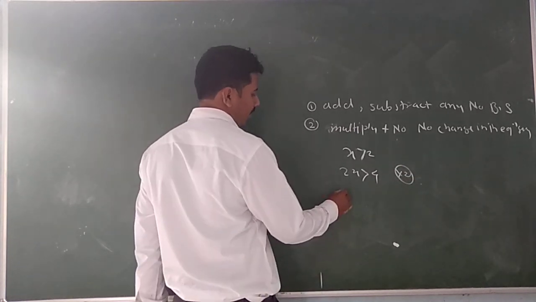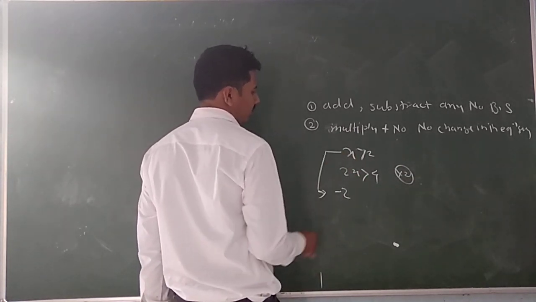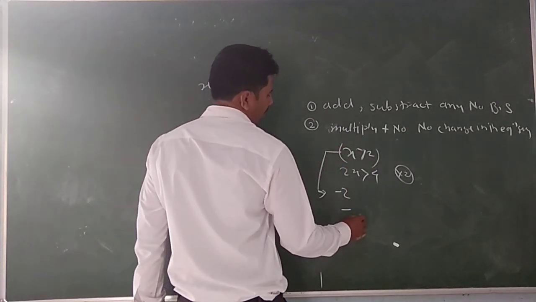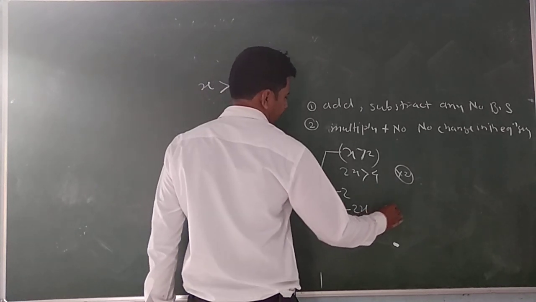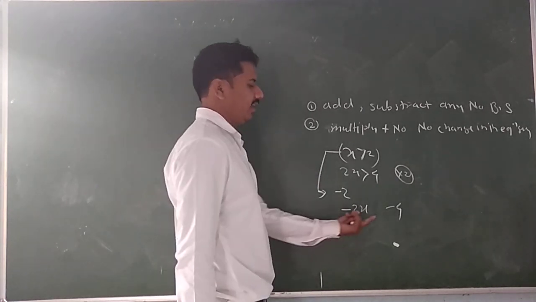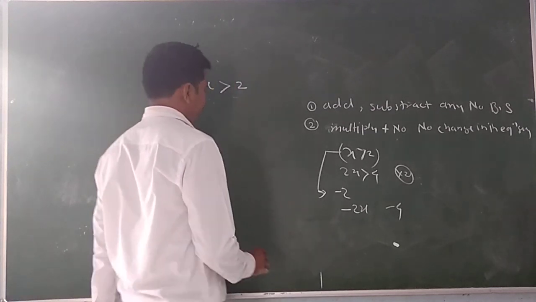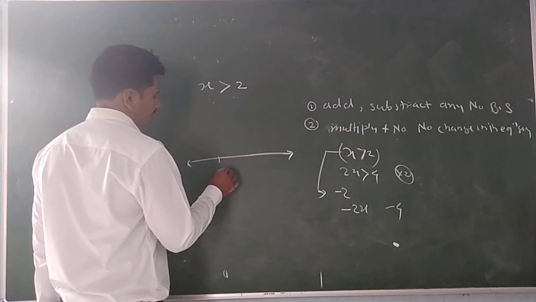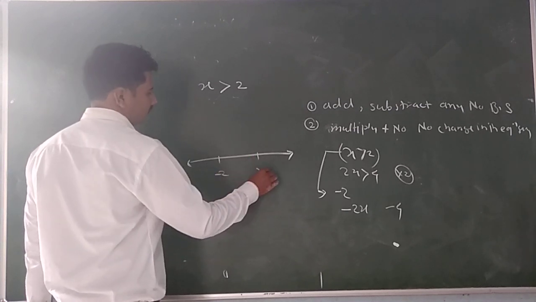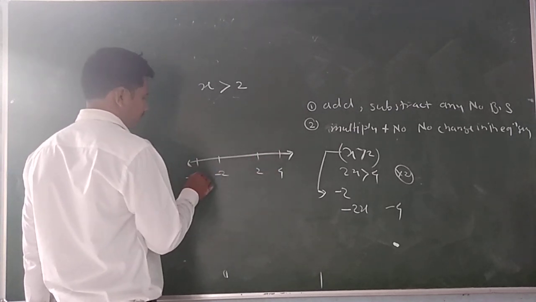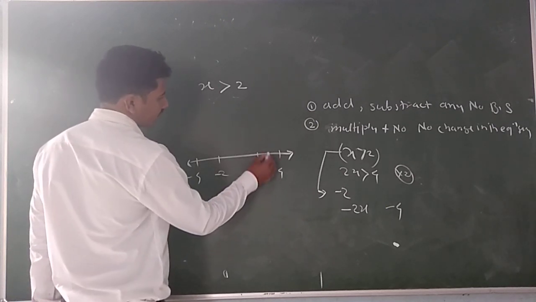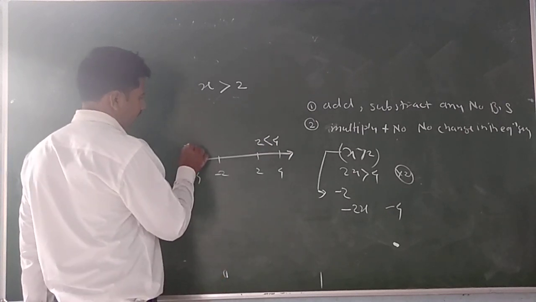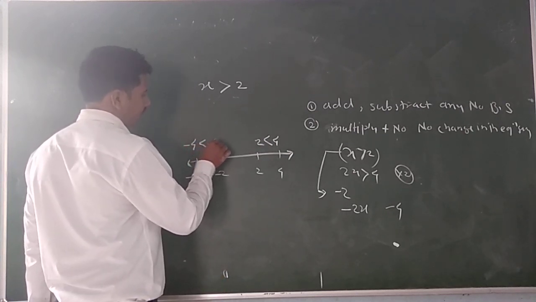Now we are going to multiply the first inequation with minus 2. Then what will happen? Minus 2x and here minus 4. The sign got changed. We have to remember that on a real number line, here is 2, 4, and here is minus 2, minus 4. 4 is greater than 2, but minus 4 is less than minus 2.